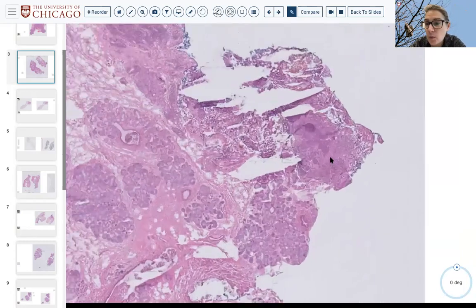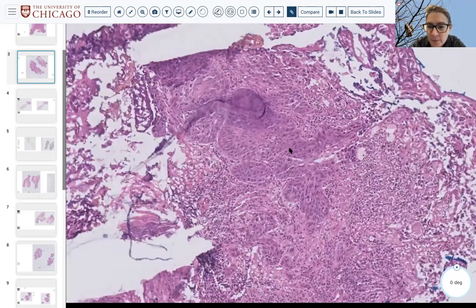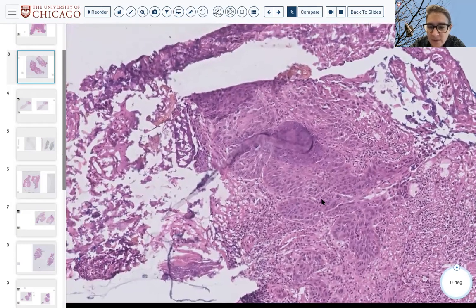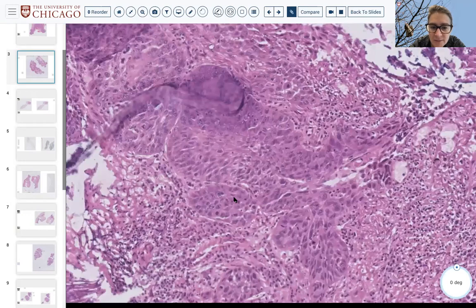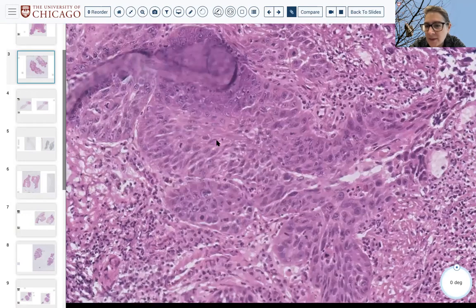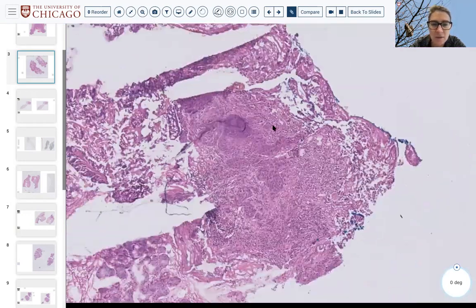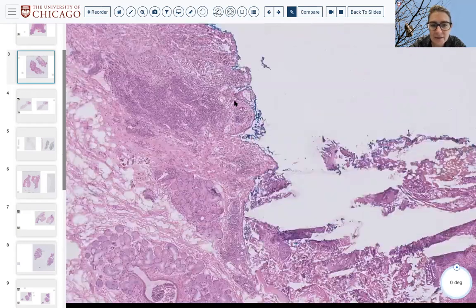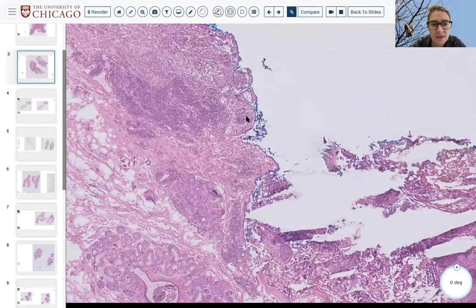And in fact, there was additional tumor in that farther back component. Here's another representative portion of that very budding, branching, cytologically atypical, mitotically active carcinoma. So this would be considered essentially a positive section.